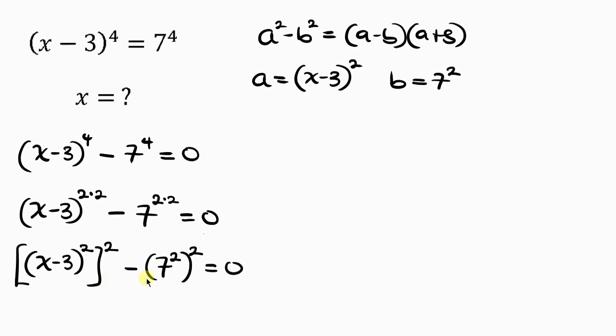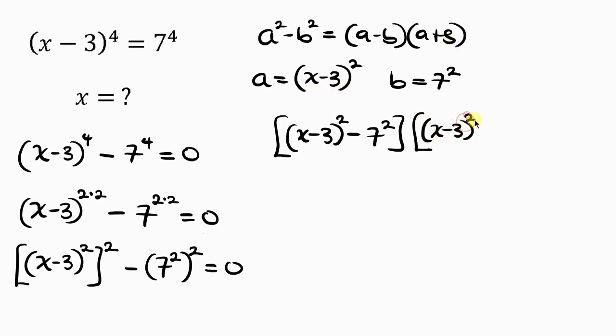Now let's write this expression like this. We have a minus b, that's a is (x − 3)^2, minus b is 7^2, times a plus b. A is (x − 3)^2 plus b is 7^2, and this is equal to 0.